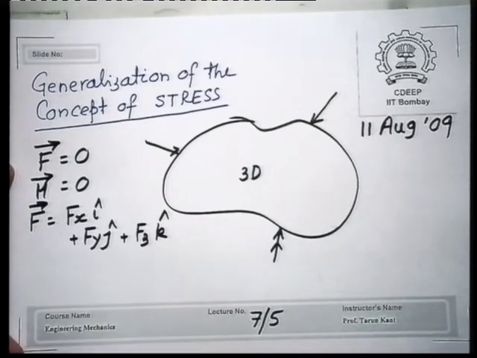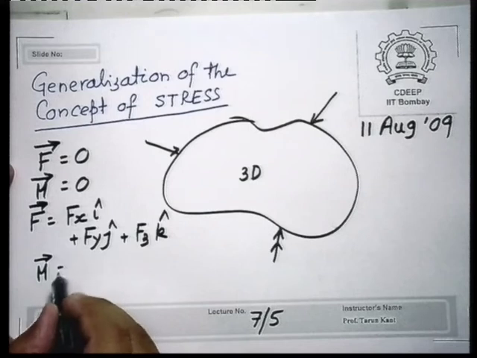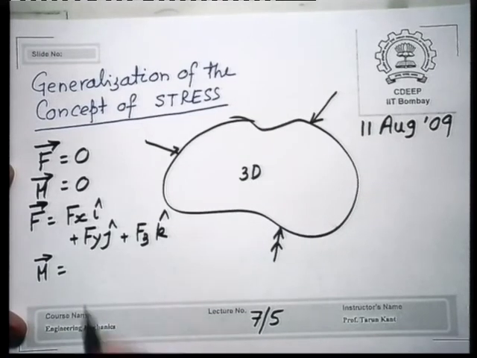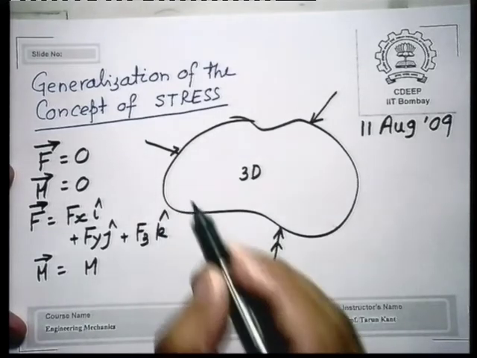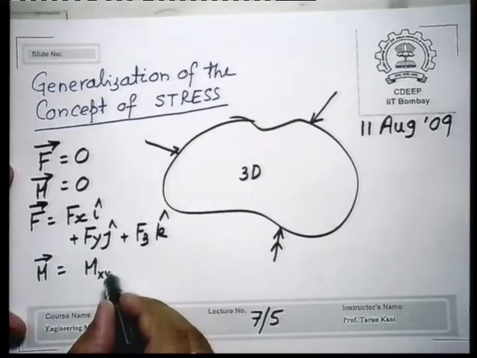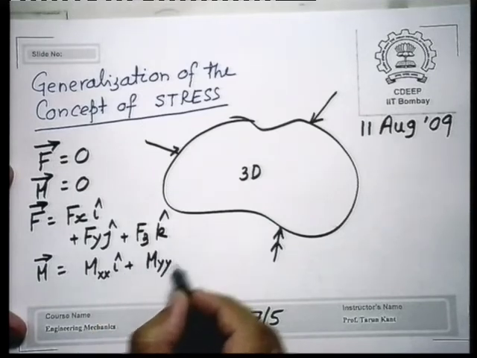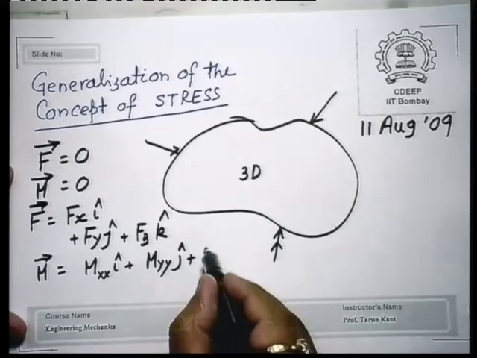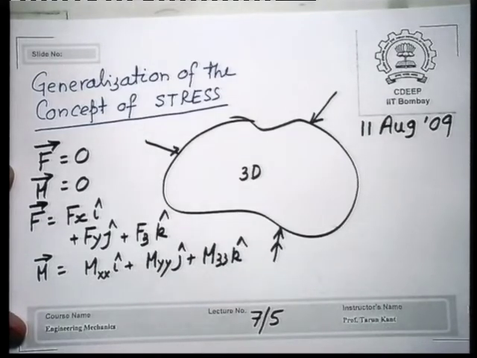So, that is Fx, Fy, Fz, and similarly M can also be decomposed into moments about the 3 axes, that is Mx i, My j, and Mz k.